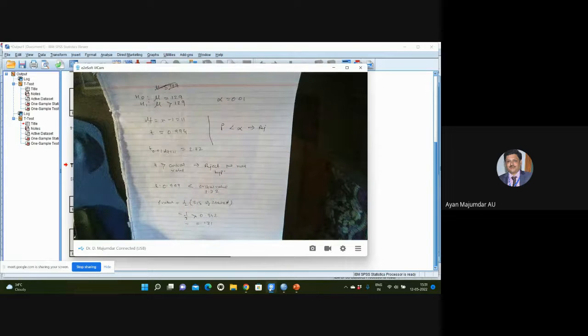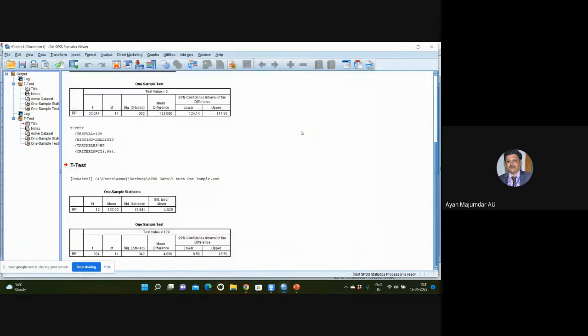So the null hypothesis cannot be rejected. So basically, for whatever the level of significance, here it is 1%, we will compare this with 0.01. If this is less than 0.01, we will reject the null hypothesis. If it is more than 0.01, we will accept the null hypothesis.